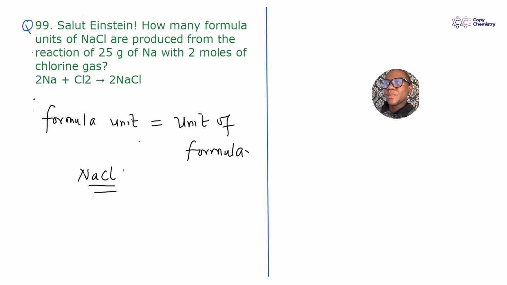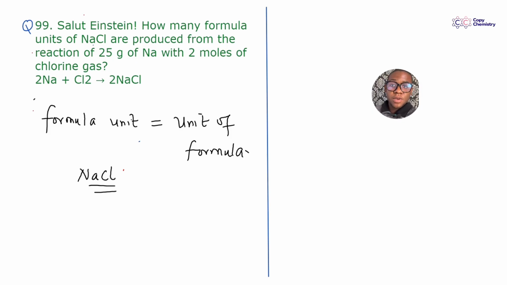I can't be thinking about an atom of NaCl, because if I were thinking about atoms, then it should be an atom of Na or an atom of chlorine. But NaCl is a compound, so I'm going to think about it like a molecule. A molecule of NaCl should be the smallest unit of NaCl.